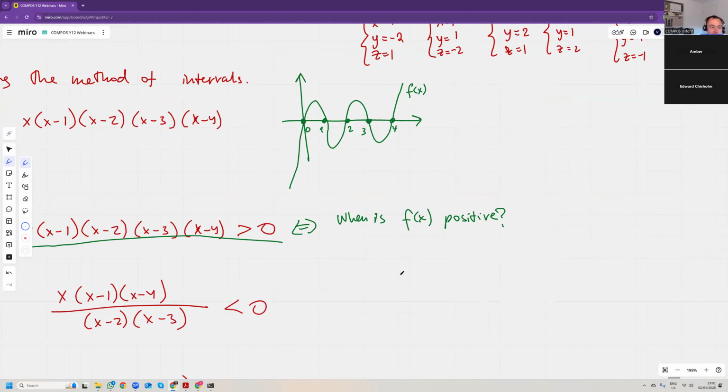And it's positive when it's above the x-axis. It's positive here when x is more than 4. It's positive between 2 and 3. It's positive between 0 and 1. So it's positive here, positive here, positive here, negative here, negative here, negative here.